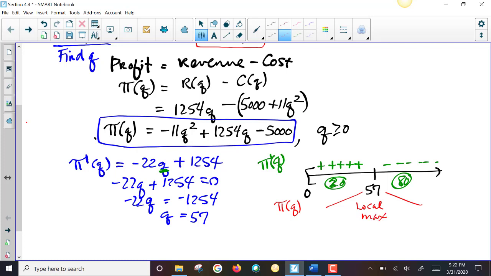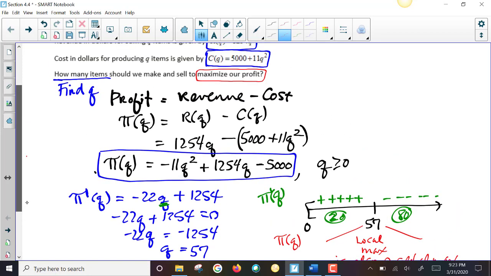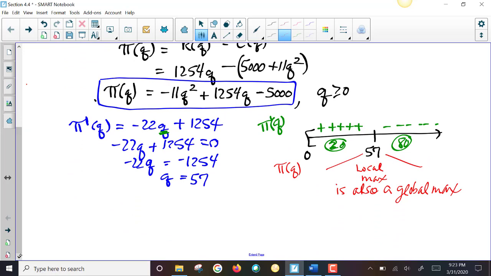Since we're not talking about a closed interval, and we know this is the only local extrema, then it has to also be a global extrema. So it is also a global maximum.